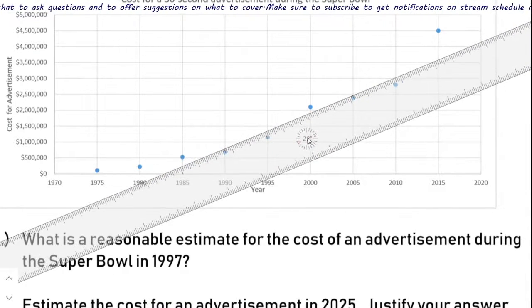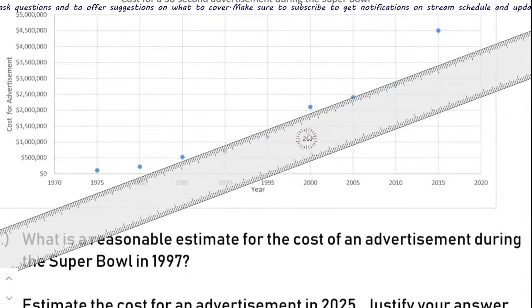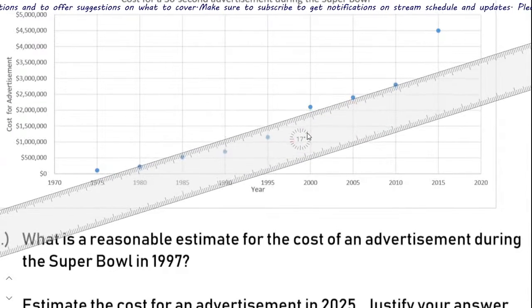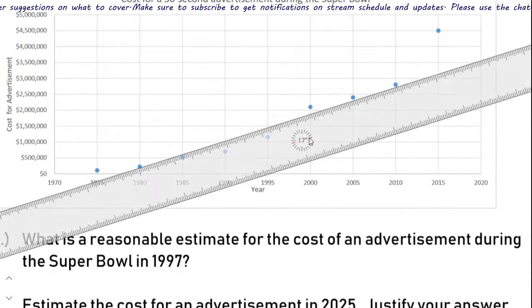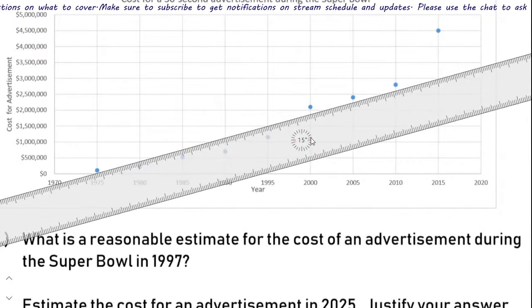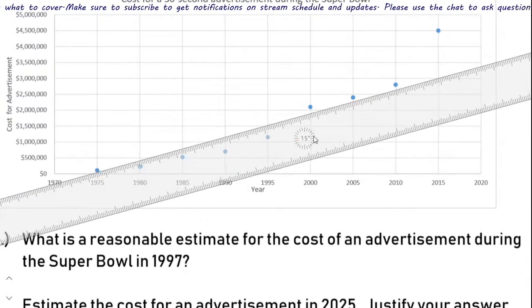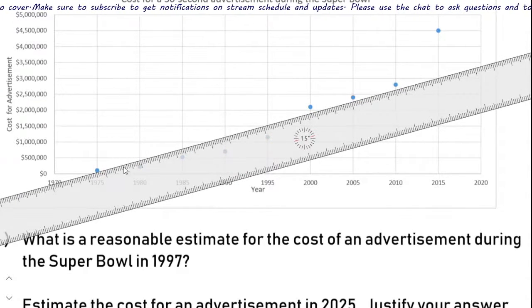It looks like we're going kind of along those lines. In 2015, there was a little bit of a spike, so let's go ahead and plot that.